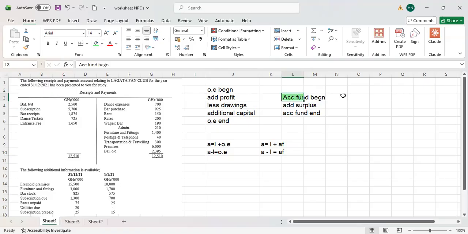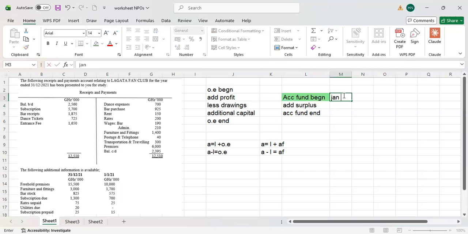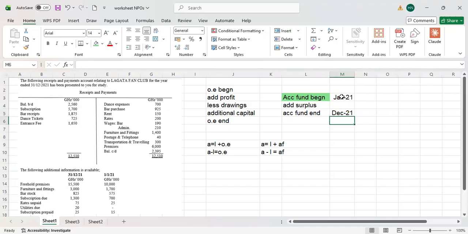Usually this is at the beginning of the year. So let's say January 2021. And this will be at the end of the year. Okay, so we need to find all items that are at the beginning of the year, which would give us our accumulated fund at the beginning. How do we get accumulated fund at the beginning? We use this one.